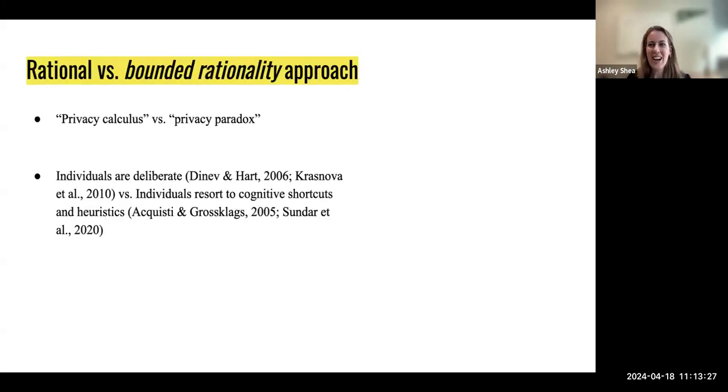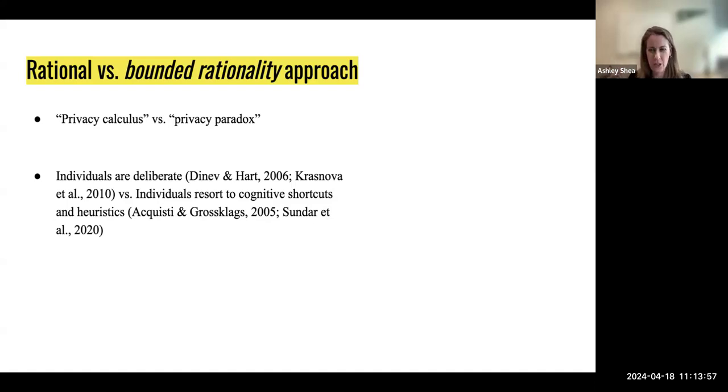Thank you. So now we're in this phase where we're thinking about this place that individuals engage in, this privacy calculus, which believes that individuals are fully rational and deliberate every time they're deciding when to disclose information and when to conceal that information, versus this privacy paradox, which, unlike this deliberate mindset, is instead saying, actually, we have bounded rationality. We have limited cognitive resources.